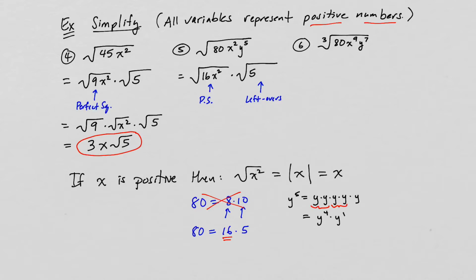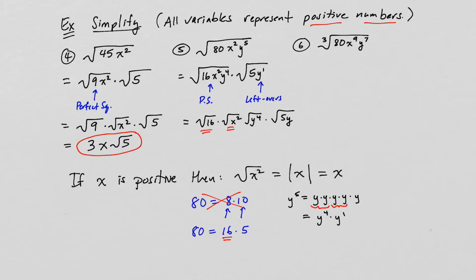The y to the fourth is a perfect square, and y to the 1 is what is left over after we pull out 4 factors of y. So essentially what we're doing here is taking the square root of 16, the square root of x squared, the square root of y to the fourth, and then times the square root of 5y.